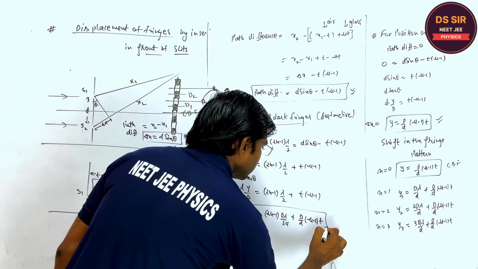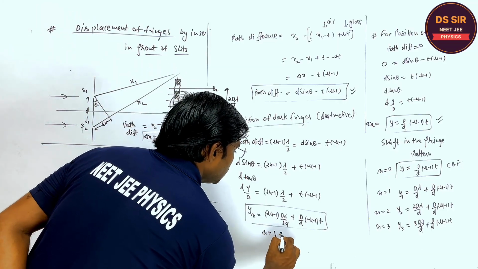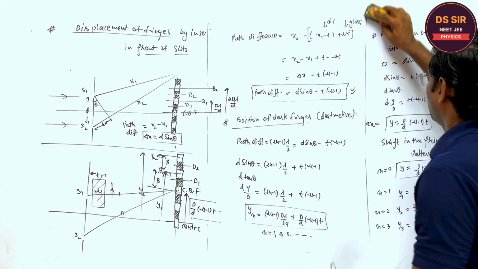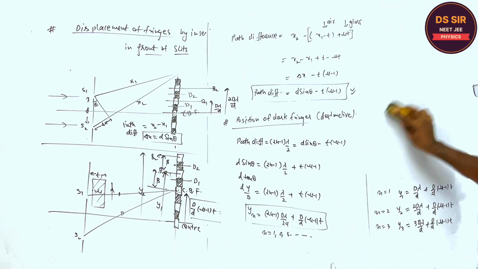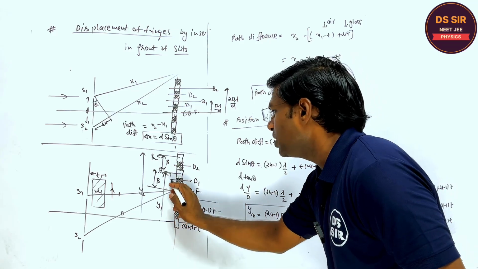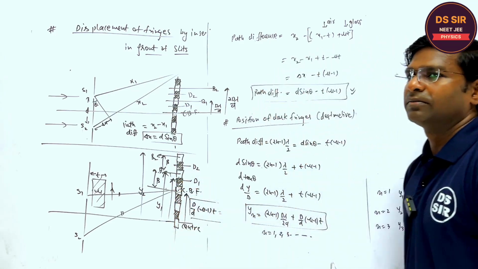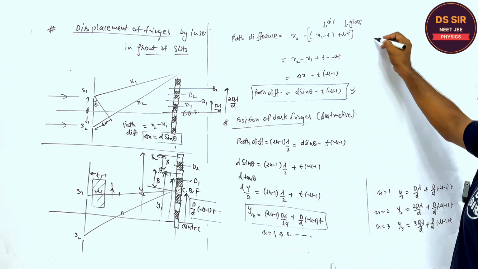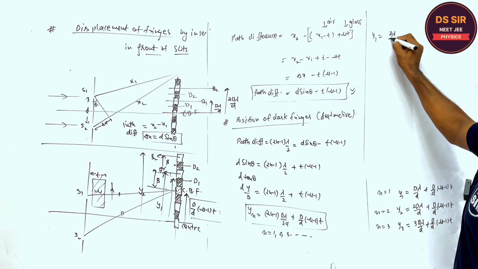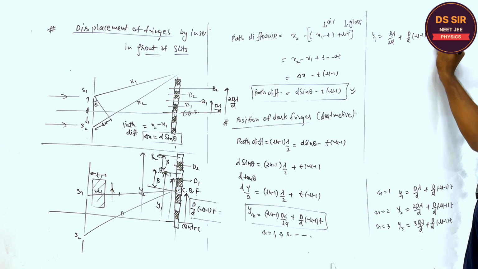Is it clear or not? Here n you can put 1, 2, 3, right? So by putting these values, we can find the position of the dark fringe. For the dark fringe, the position is not measured from the central bright fringe, it is from the center, right? You will see y1 is equal to d lambda over 2d plus d upon d (mu minus 1) into t.